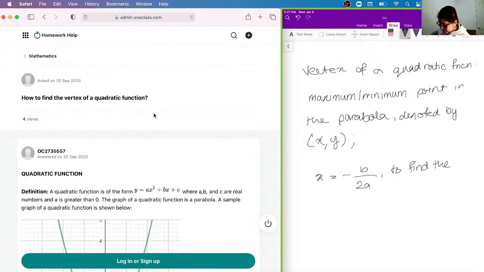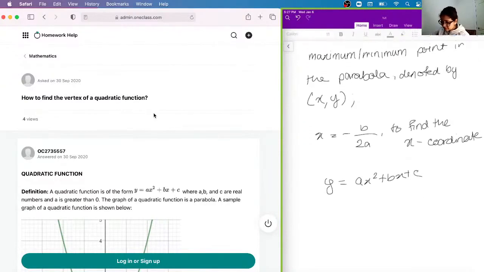Since we need 2 coordinates to find our vertex, your x and y, the value of y can be found by directly substituting the value of x into the original function. Once you find your x, you can just plug it in, and whatever you get will be your answer, where you have your a, b, and c.